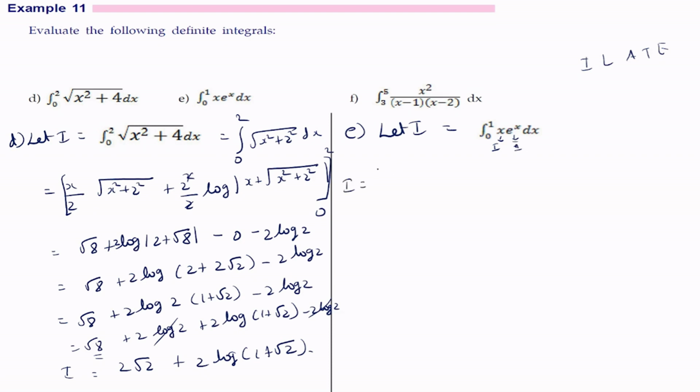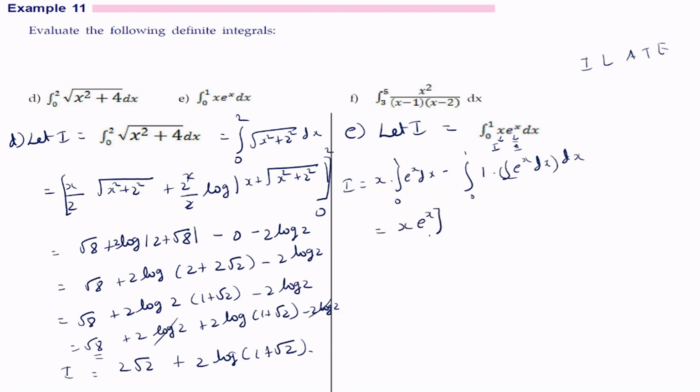So I will be first function into integral of the second function, minus integral of derivative of the first function into integral of the second function, with the limits 0 to 1.